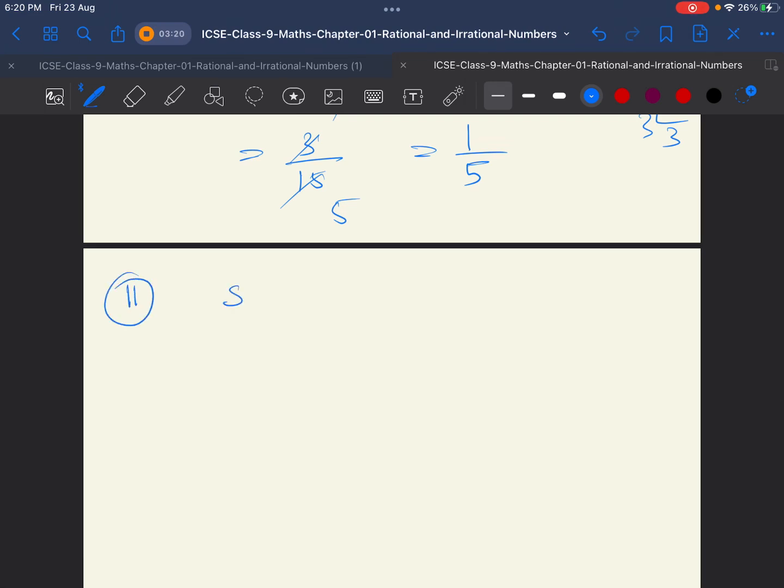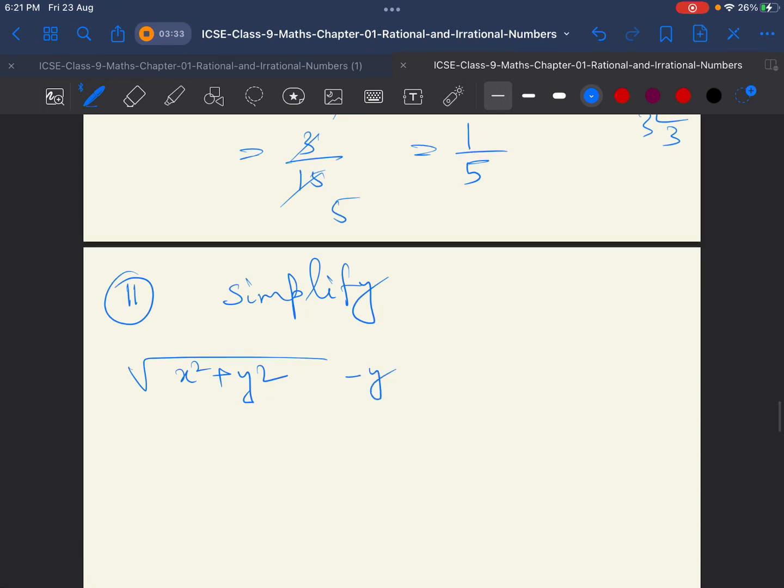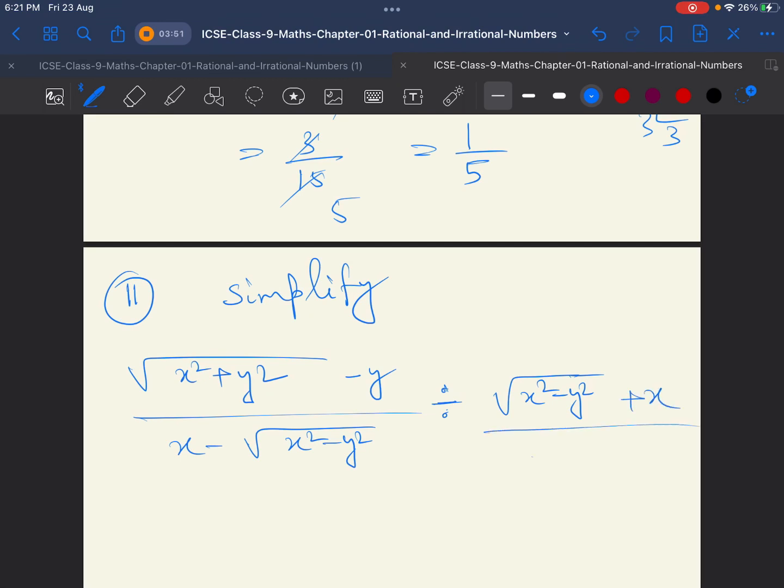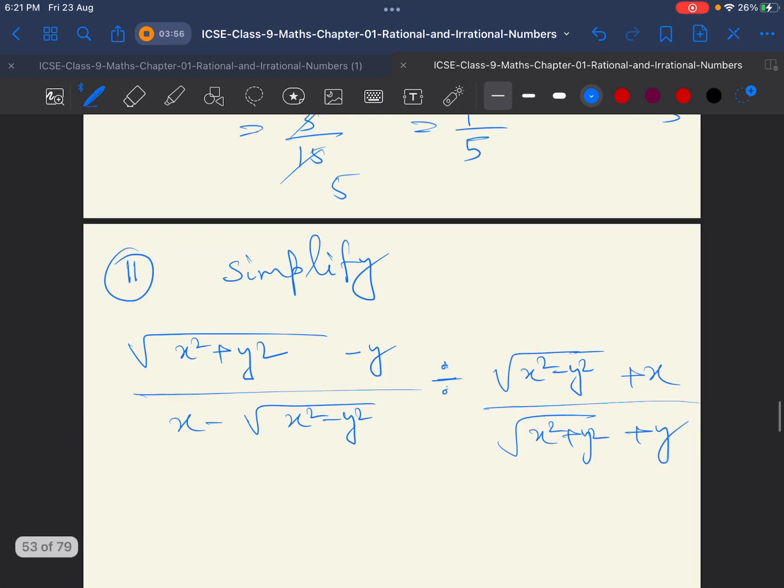Now question number 2, simplify square root of x square plus y square minus y by x minus x square minus y square divided by square root of x square minus y square plus x by square root of x square plus y square plus y.